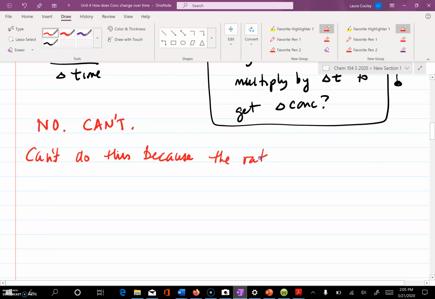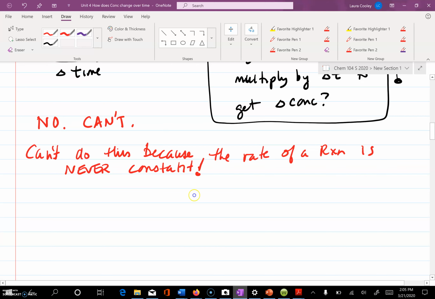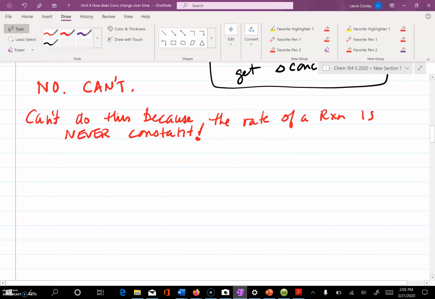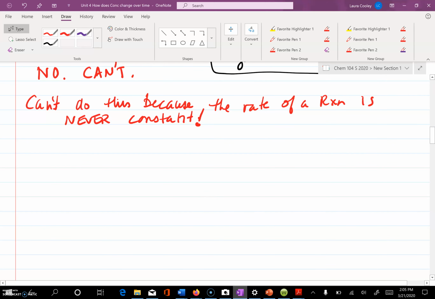The rate of a reaction is never constant. Why is it never constant? Well, because the rate always depends on the concentration of reactant, and the concentration of reactant is always changing as that reactant gets used up.